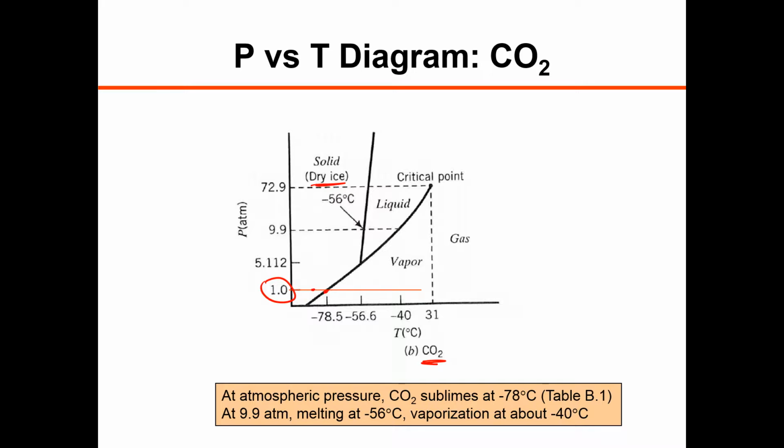At negative 78.5 is where it's going to transition from a solid directly to a vapor. The dry ice does not become a liquid first and then a vapor. If we increased the pressure, like 9.9, then we would go from a solid to a liquid, and then a liquid to a vapor as we increase the temperature. So we would have liquid CO2.